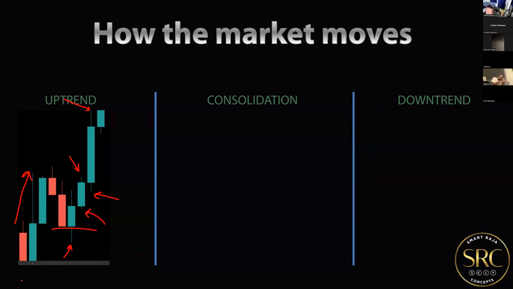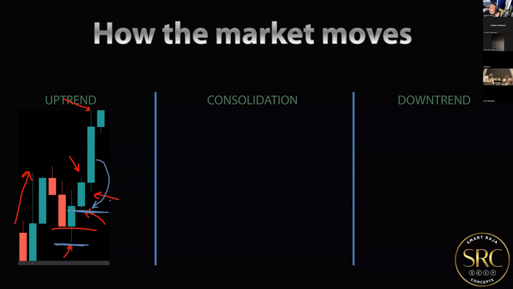Whenever you're trying to take a trade in a buying scenario, your stop loss will always go below the previous candle. Stop loss means that if price continues pushing down and breaks the low of the previous candle, then you're out of the trade.